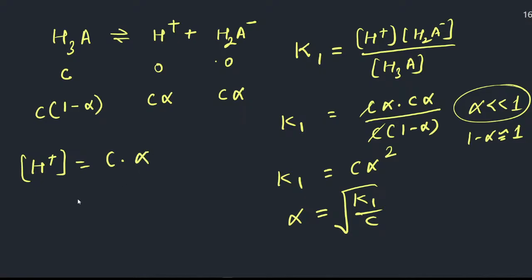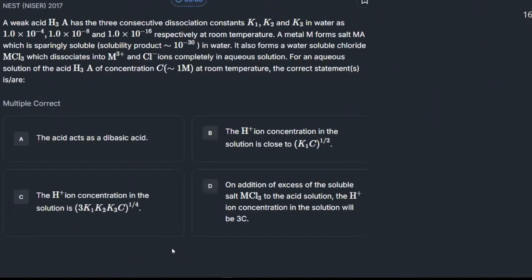C into alpha, C into under root K1 by C. So it becomes under root K1 into C. So from this relation, option B is correct, but there are multiple correct options.